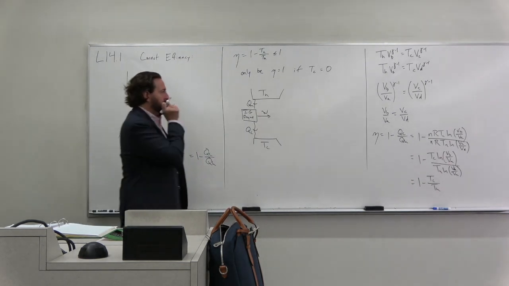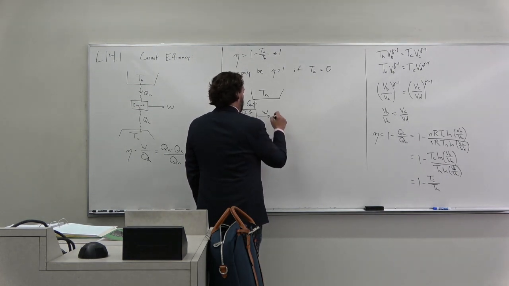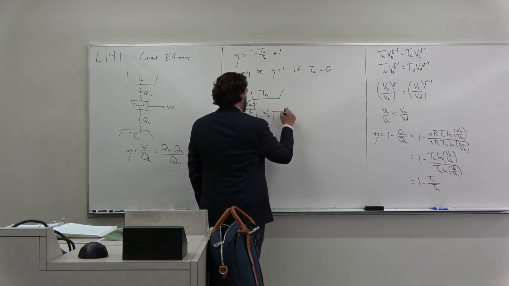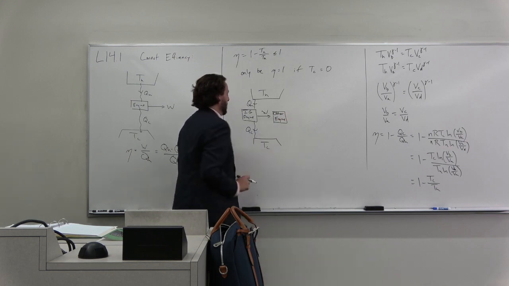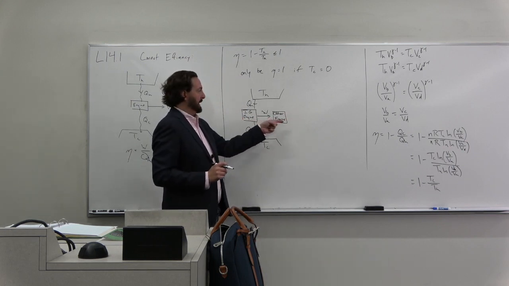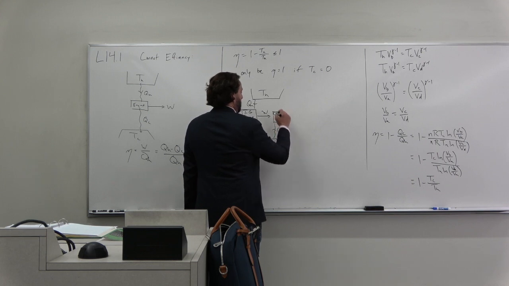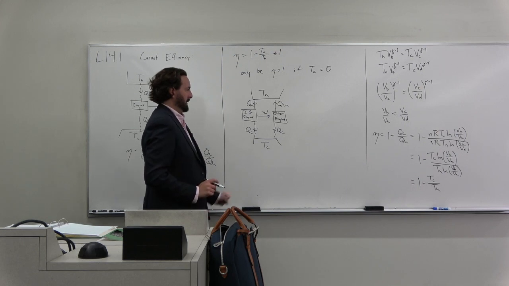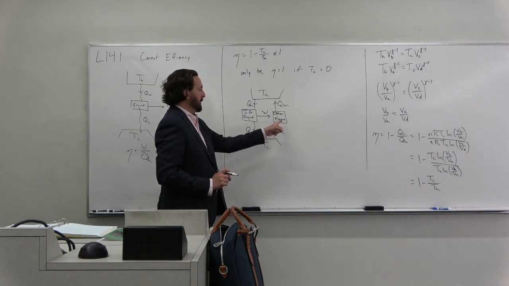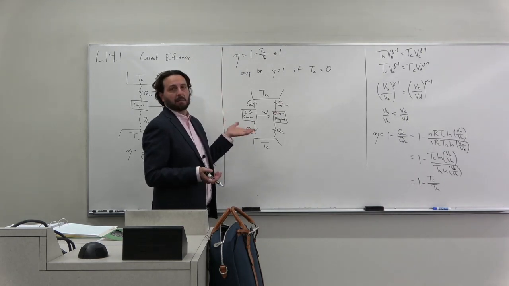But now imagine I had another kind of engine, where instead of outputting work, it took work as input. Then I would have some heat flow in and some heat flow out. If this could be more or less efficient than this one, I could actually spontaneously generate energy.